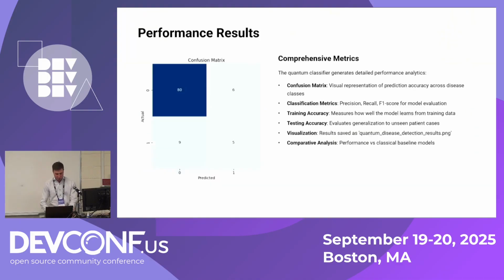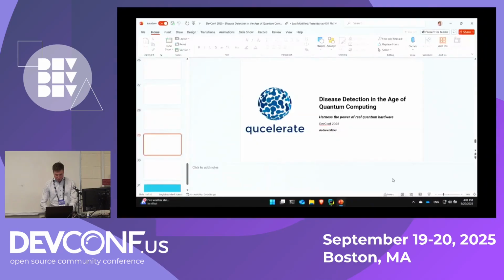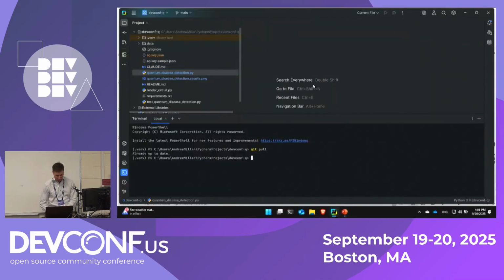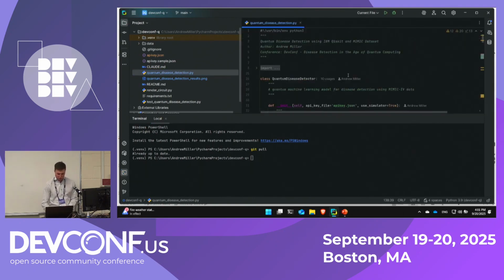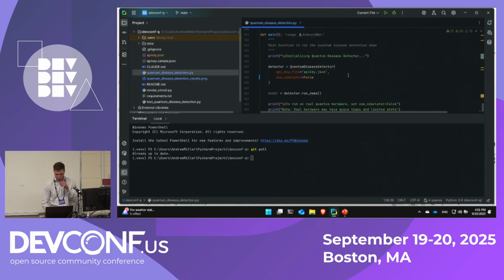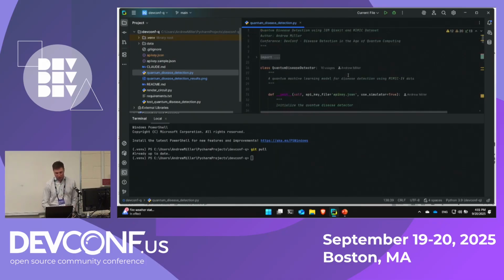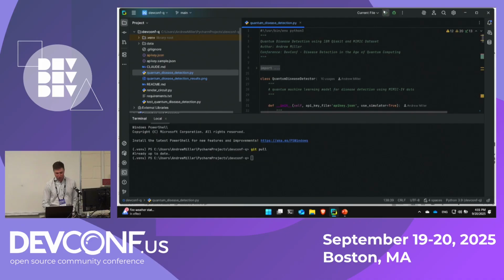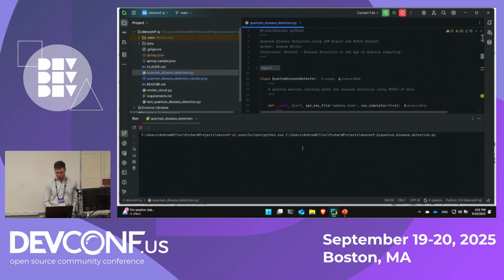So this is where I will switch to PyCharm, and let's see if I can run this. So this is the actual code. There's about 400 lines of code. All right, so this is going to run on real hardware.